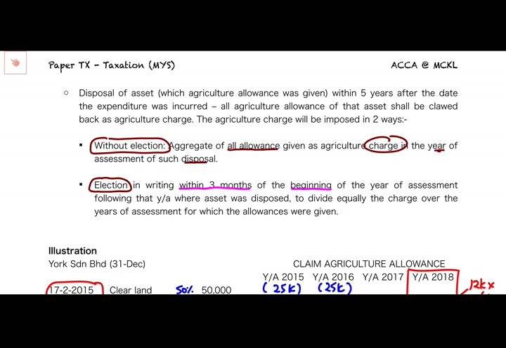The idea is this: if you dispose the asset in Y18, you must elect latest by 31st March 2019. So the date is always 31st March, because it's 3 months from the beginning of the year of assessment.